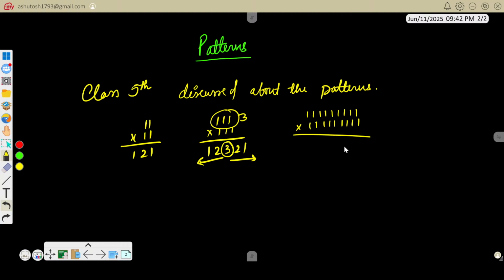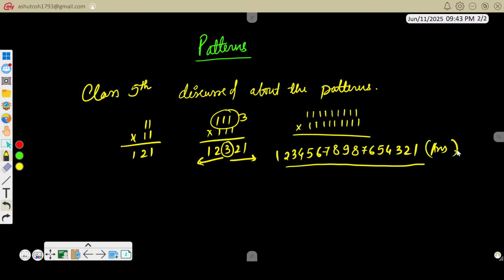Similarly, we get 9 here, 8, 7, 6, 5, 4, 3, 2, 1. Here also 8, 7, 6, 5, 4, 3, 2, 1. Yes. So that is the answer to this question. See how amazing this thing is.